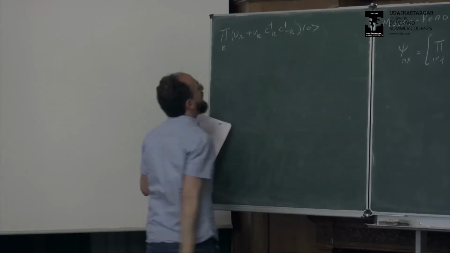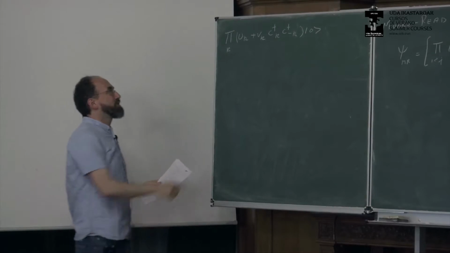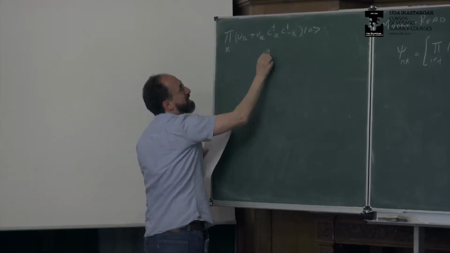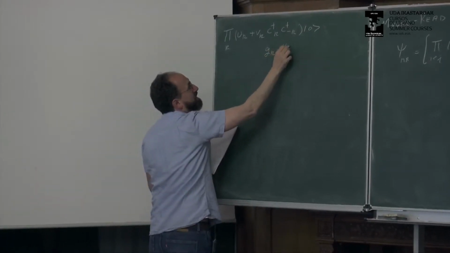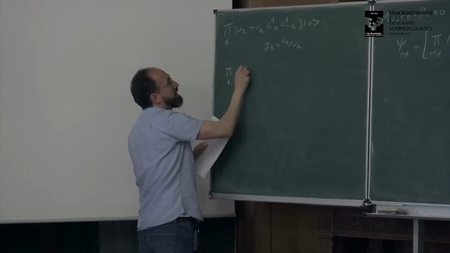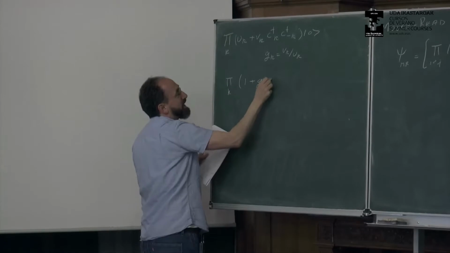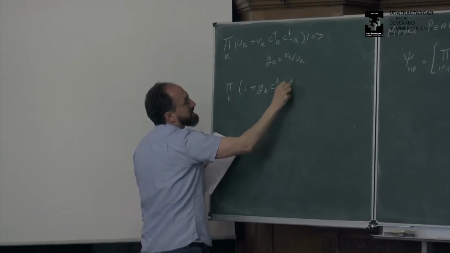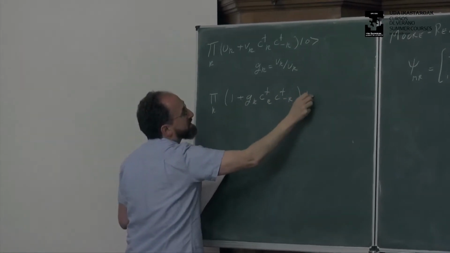Okay? And I'm going to divide through by the u's. So let me define gk equals vk over uk. And this gives me product over k, 1 plus gk c dagger k, c dagger minus k, applied to 0.